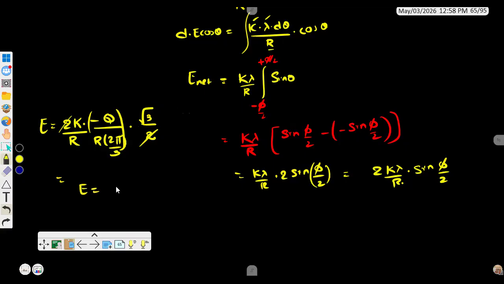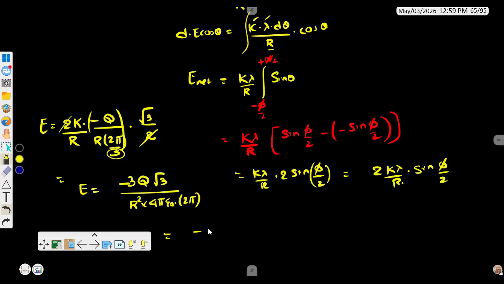So E is equal to, and k can be written as 1 by 4 pi epsilon naught, minus q. The 3 will go up, 3q root 3 by r square into 4 pi epsilon naught into 2 pi.